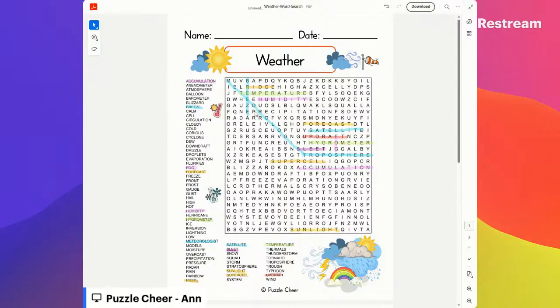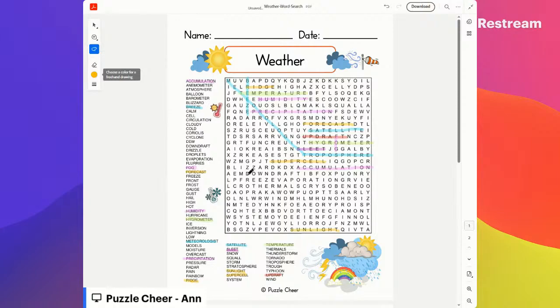Precipitation is up here in the diagonal from meteorologist. We'll grab that one. Precipitation, precipitation. And we'll catch downdraft now.